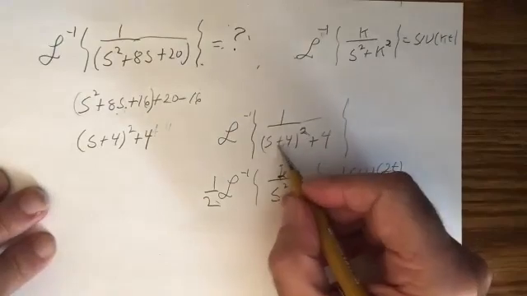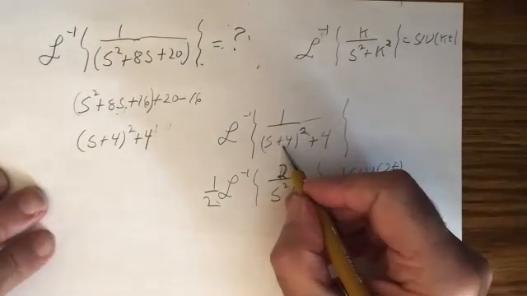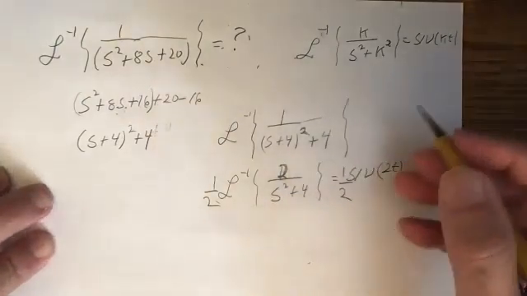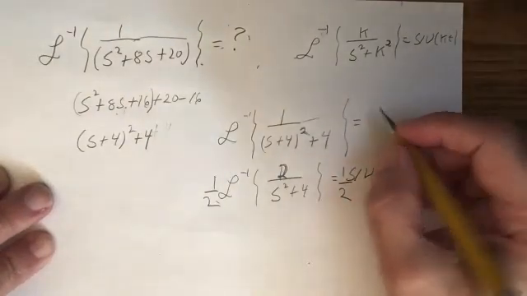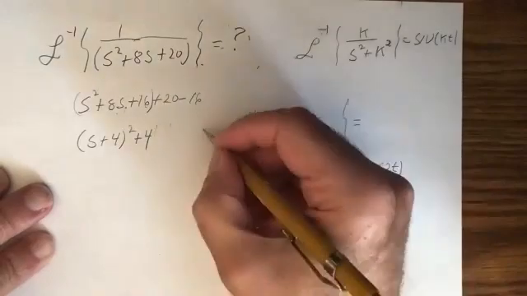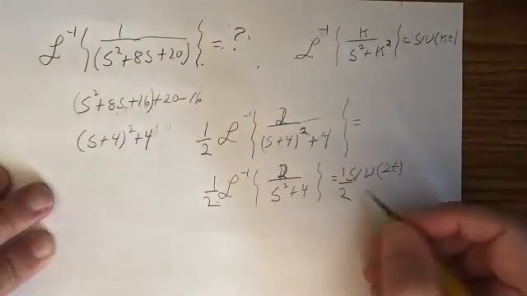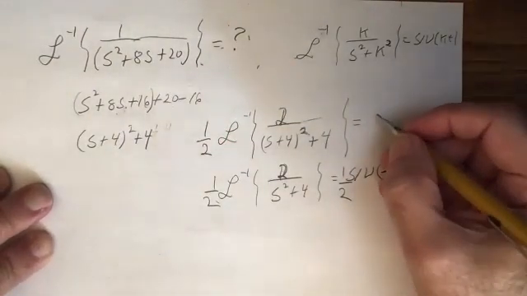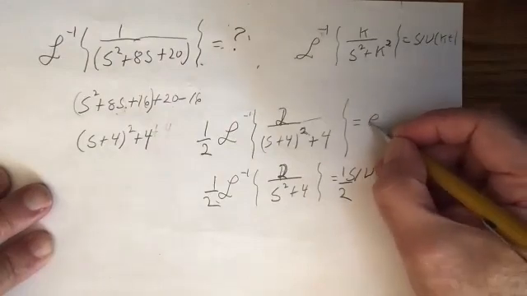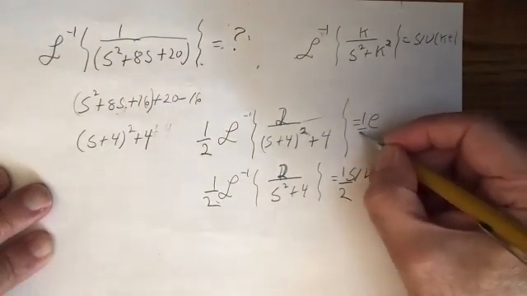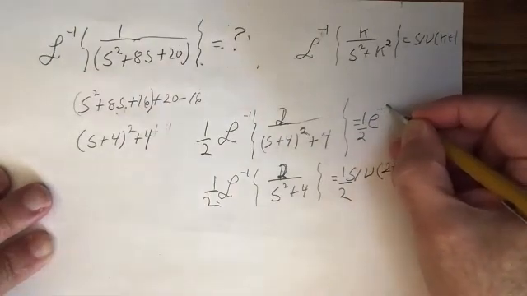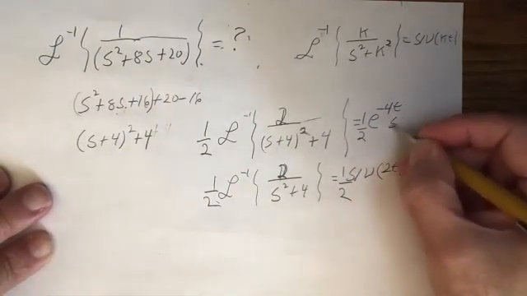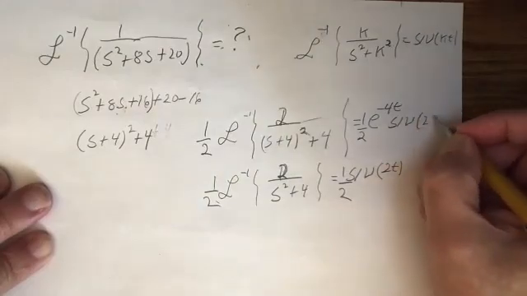But now I got the shift of plus 4. So the inverse Laplace transform of this thing is 1/2 e to the minus 4t times the sine of 2t.